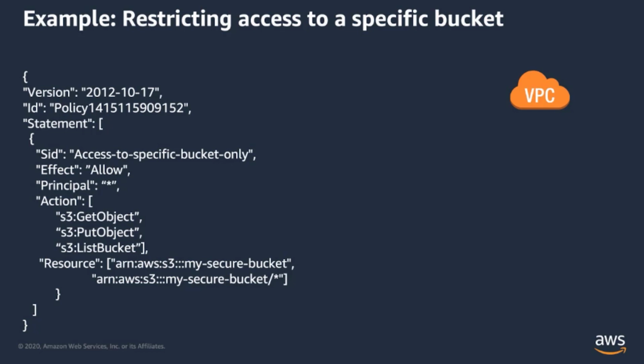We have our SID, access to specific buckets only, effect allow, principal star, so any principal, and our action is S3 get object, S3 put object, and S3 list bucket. And we list my-secure-bucket, so for bucket level operations, and my-secure-bucket/star for our object level operations. All right, so from this VPC, going to this VPC endpoint, you can only get to this one bucket, and you can only do these actions. Right? It's really locked down.